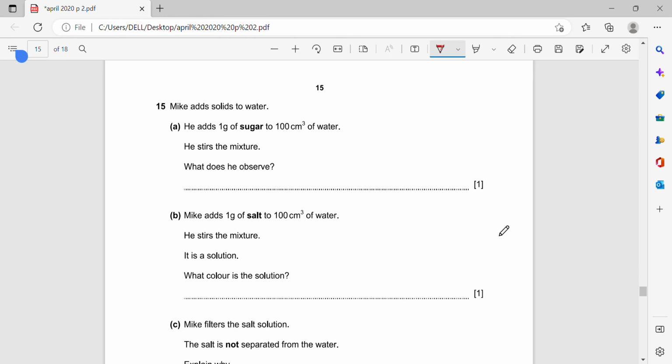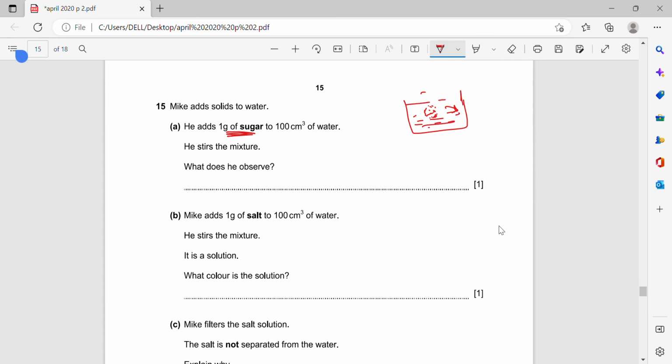Mike adds solids to water. He adds 1 gram of sugar to 100 cubic centimeter of water. He stirs the mixture. What does he observe? يبقى هنا عندي sugar. The sugar added to water.